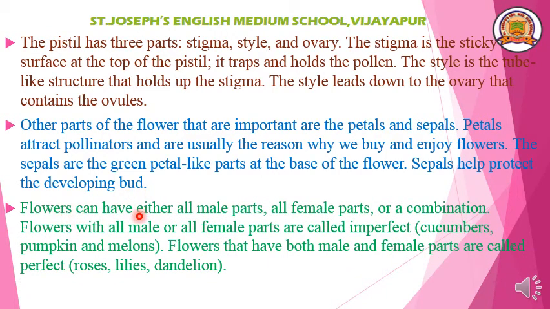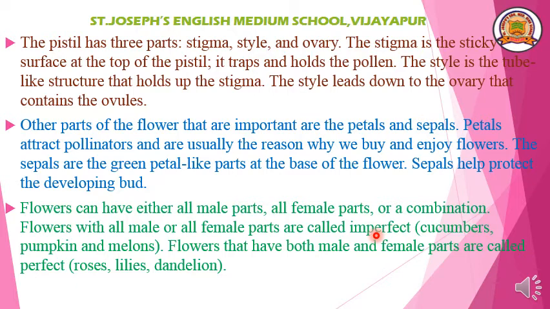Flowers can have either all male parts or all female parts, or a combination. Flowers with all male parts or all female parts are called imperfect. There are two types of flower: one is imperfect and the other is perfect.